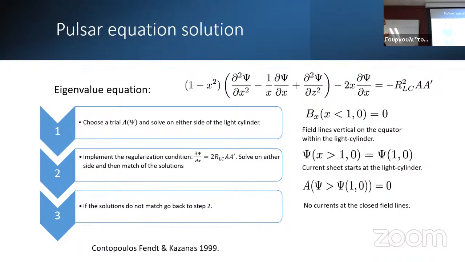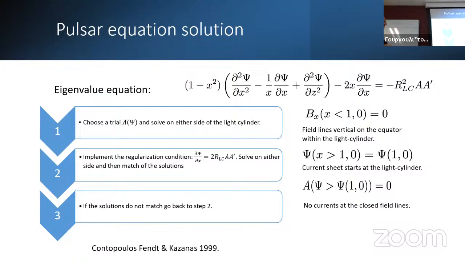If the solutions do not match perfectly, so they are not continuous or they have some kinks, then we need to go back to the previous step and repeat until it converges. In general, it's not guaranteed that this method will always converge because the equation is nonlinear, but in practice, if it reaches a solution, we know at least that we have found a solution of the problem.